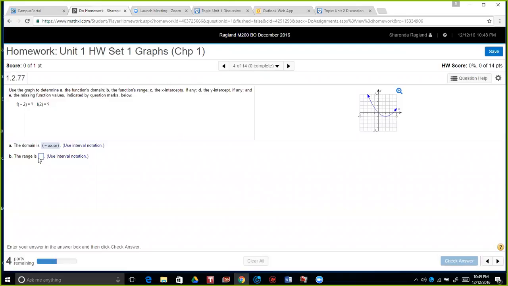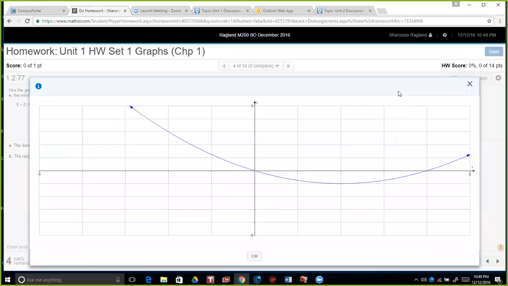The next thing you're doing is finding the range. The range is dealing with the y variable. If we look at this again, we look at the minimum y value to the largest y value. We can see this curve goes down here, and this is the minimum y value, which corresponds to -1.